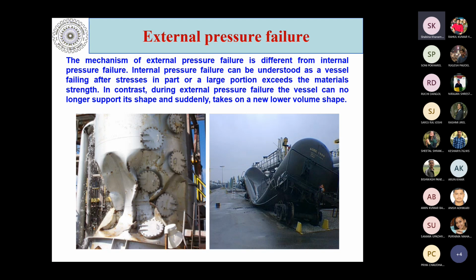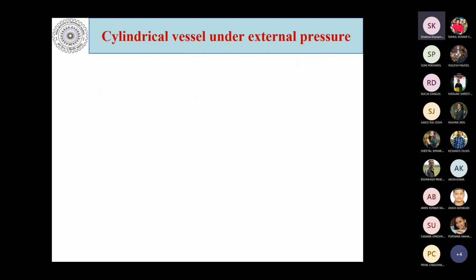If it senses the pressure is reducing below the desired vacuum, the spray will turn on. That type of measure we can take to avoid failure in these kinds of vessels. So this is the external pressure vessel.